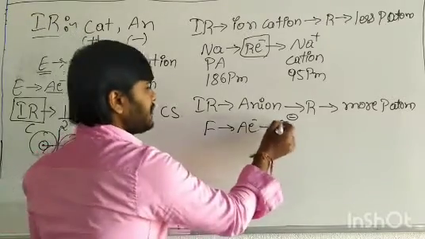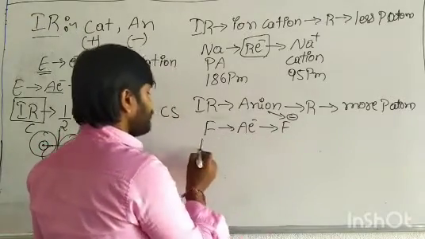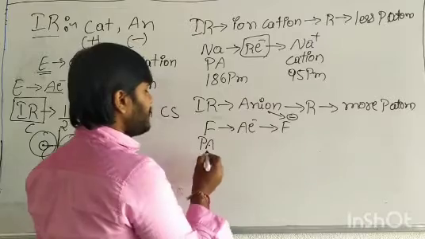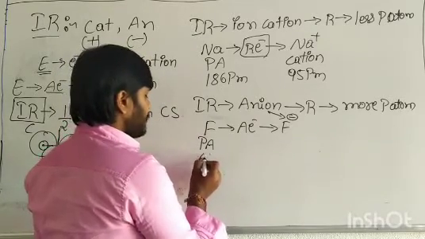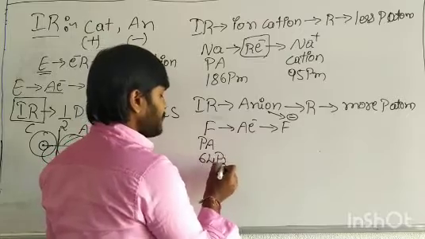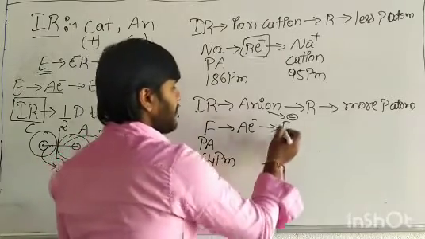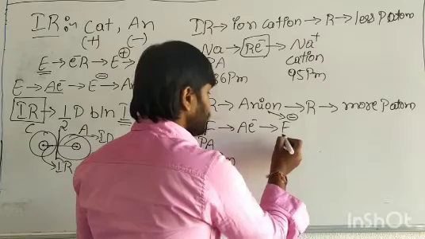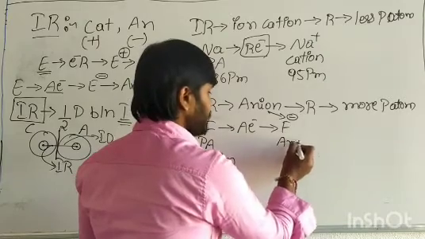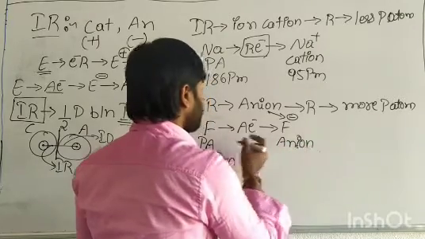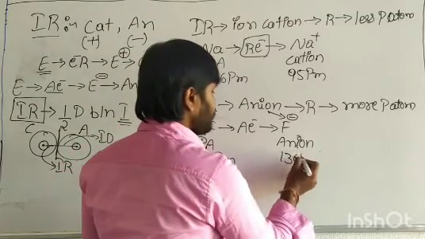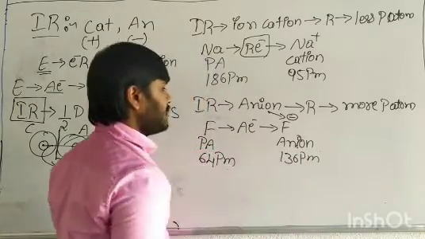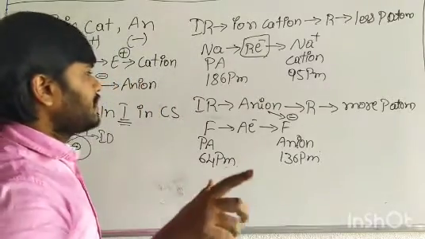This is an anion, and this is the parent atom. Here its atomic radius is around 64 picometer, whereas in F minus, an anion generated from the parent atom fluorine, the radius is 136 picometer. Did you get this, guys? Look at the variations here.